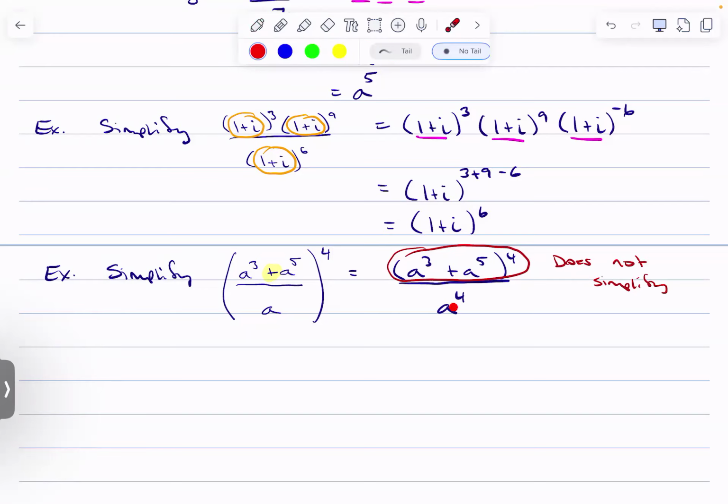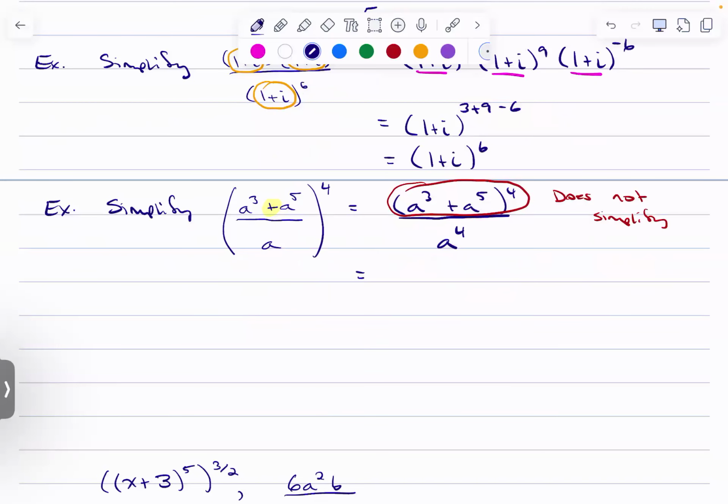One thing that we could do is we could float this a to the 4 up top, but I don't really see it simplifying the equation very much. So we could write a to the 3 plus a to the 5 to the power of 4 times a to the negative 4, but there's no difference in terms of if it's simplified or not.